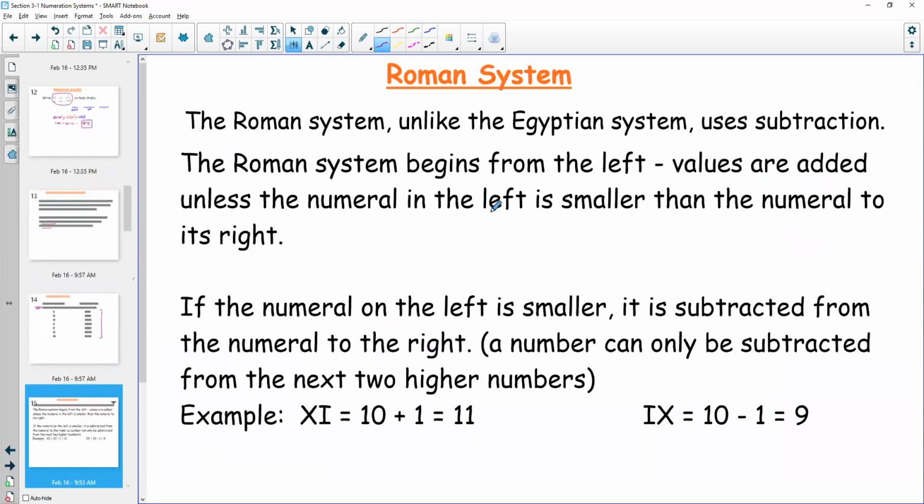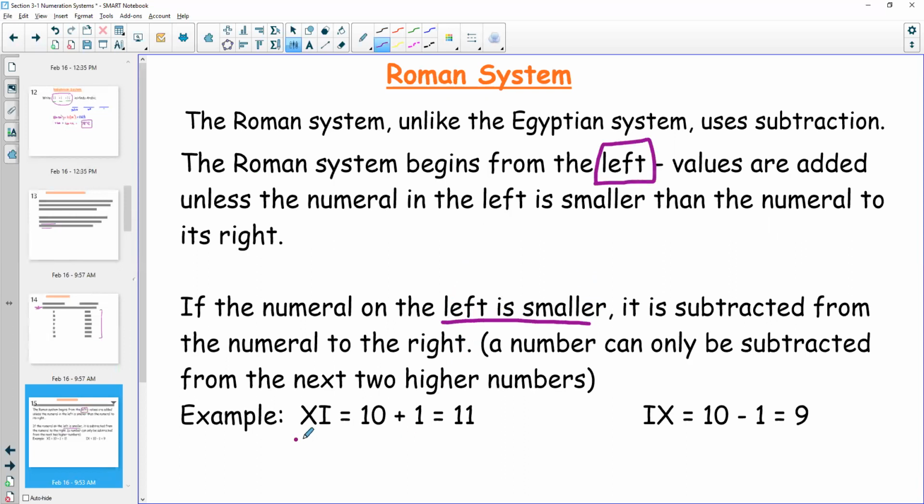In the Roman system, there is subtraction. So the way Roman numerals work, and you might know this, is that you begin from the left. Values are added unless the numeral to the left is smaller than the numeral to its right. If the numeral on the left is smaller than the unit on its right, it's subtracted.